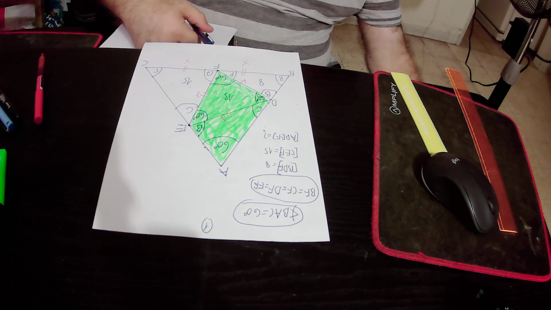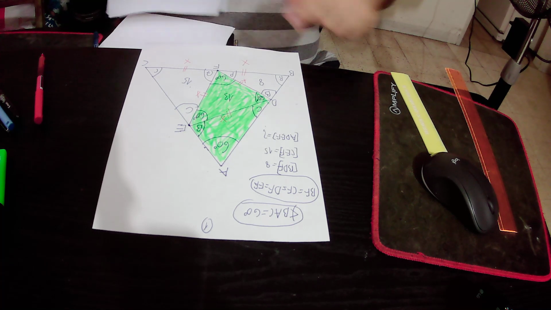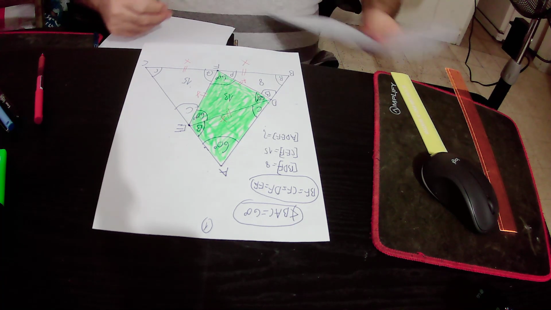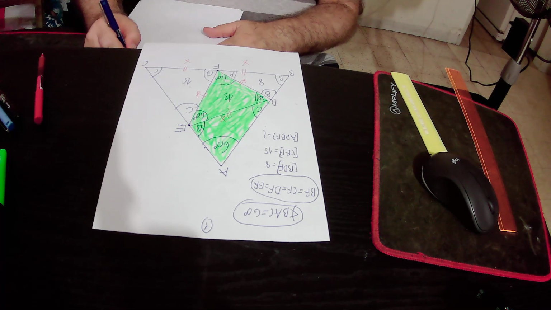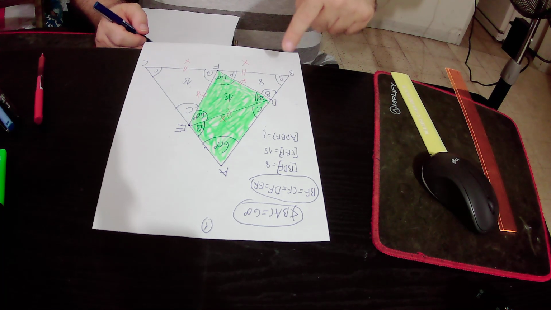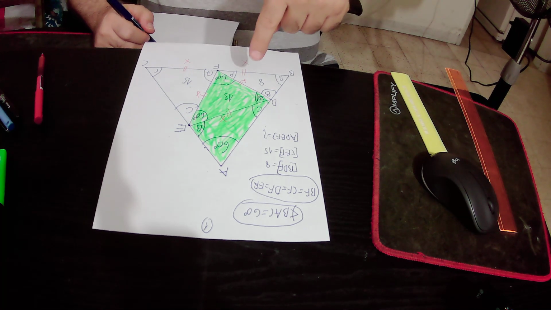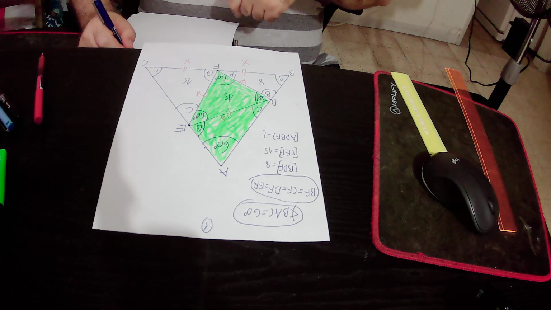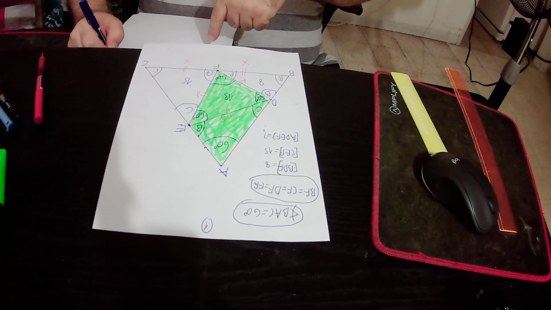So actually now we can find the area of quadrilateral BDEC. The area of quadrilateral BDEC will be equal to the area of triangle DBF, that is 8 square units, plus the area of the equilateral triangle DFE, that is 13 square units, plus the area of the big triangle FEC, that is 15 square units.